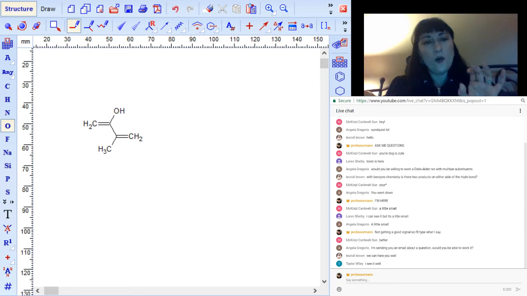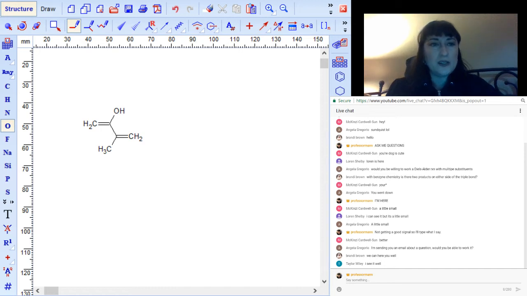That one has free rotation, right? Because it's a sigma bond. And so basically what you need to do is rotate this in your head so that it is in the type of conformation that can undergo a Diels-Alder reaction.